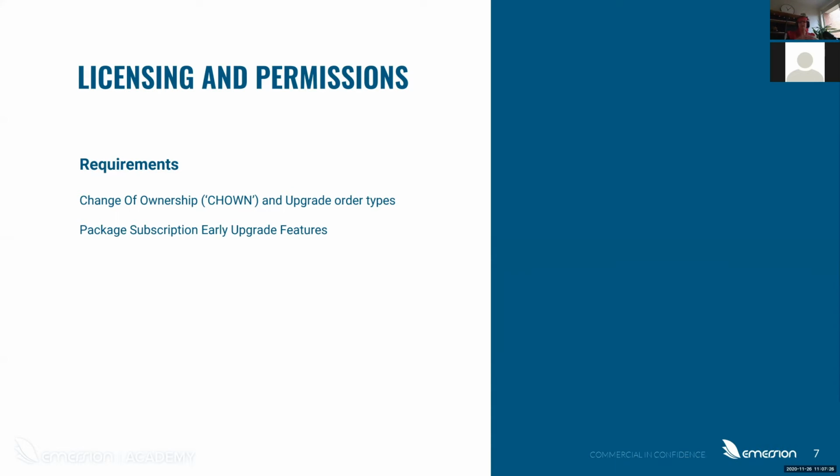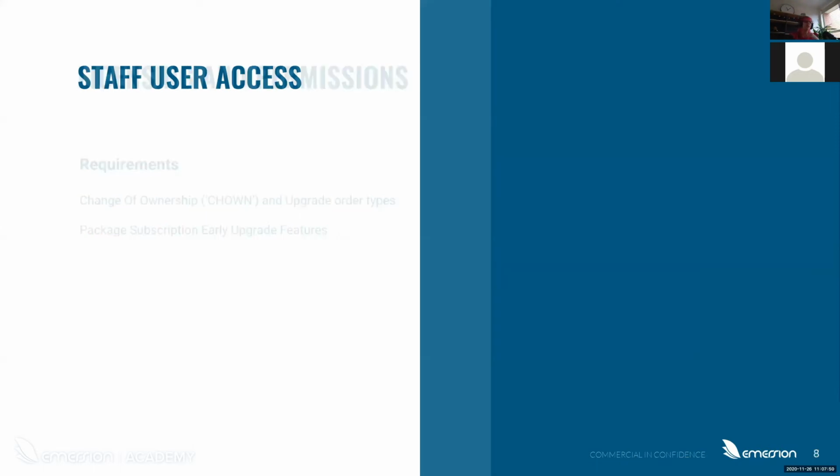So we're looking at the package subscription and contract end of the subscription here. If you don't have those, you can make a request to us to turn it on. I don't believe there's any cost to turn on change of ownership and upgrades. They're just different order types. Early upgrade features are a paid license, and you can talk to your sales rep about that.